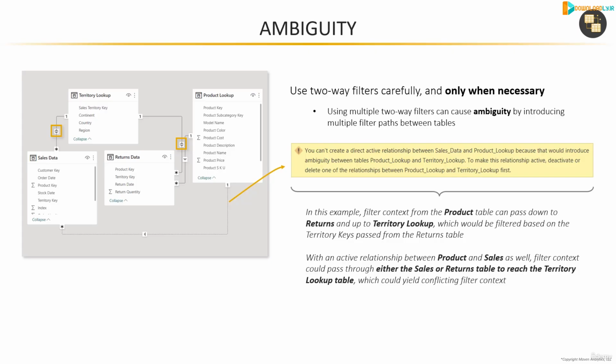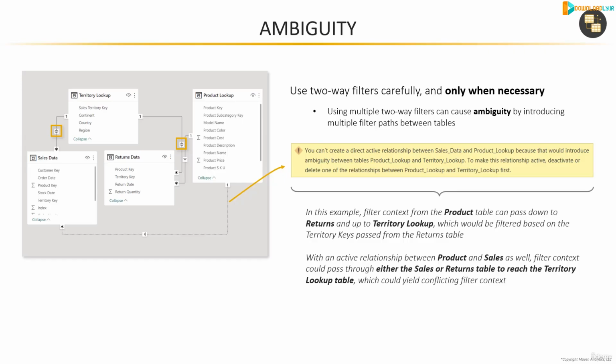Imagine we're thinking about just one specific product, like a water bottle. Now imagine that that water bottle was only returned in territories 1 and 2, but it was sold in territories 1, 2, 3, and 4. When we filter on that product from the product lookup table and allow that context to pass through both the sales data and returns data tables, that means that our territory lookup would be receiving two different sets of filter context.